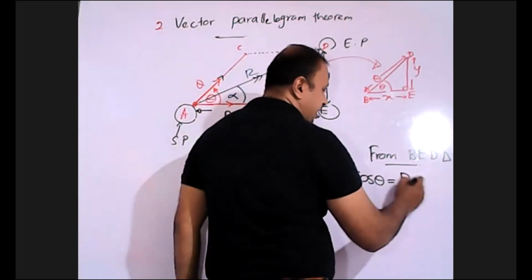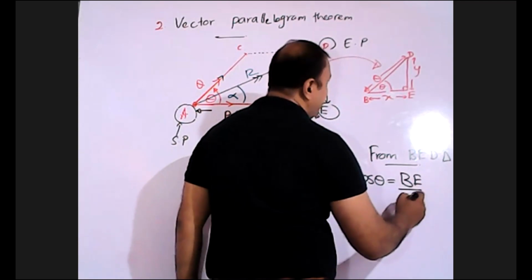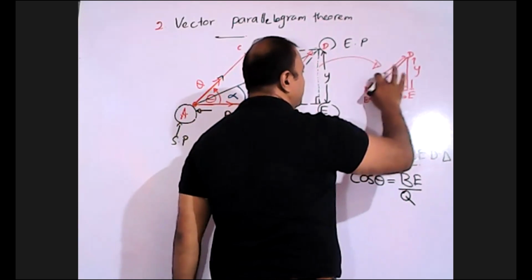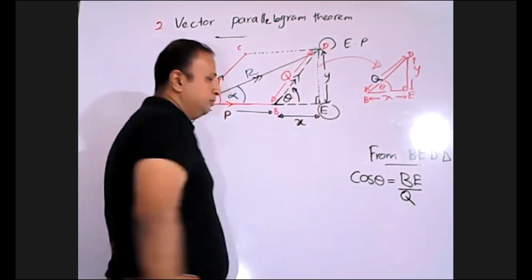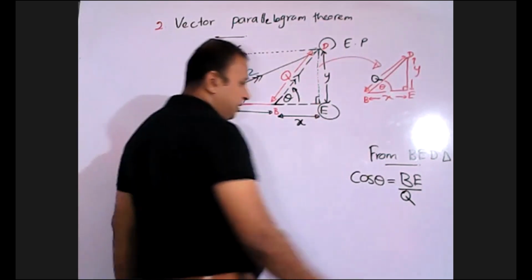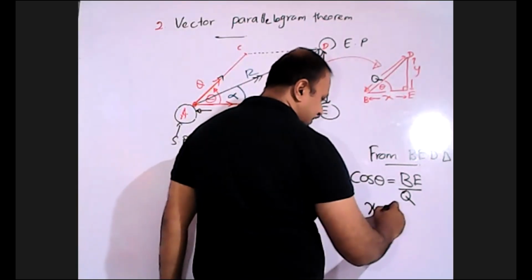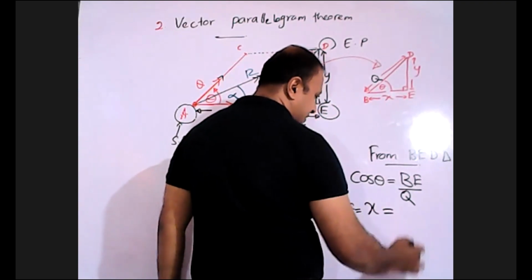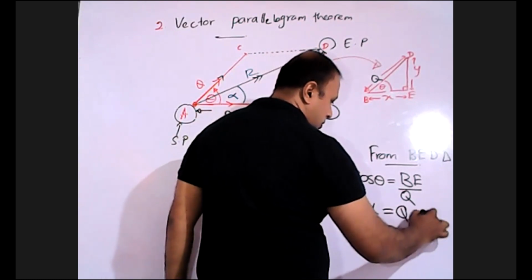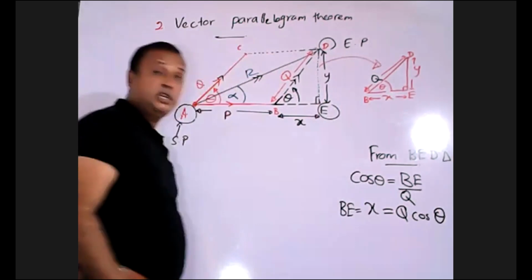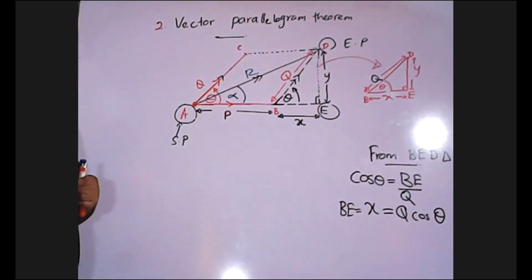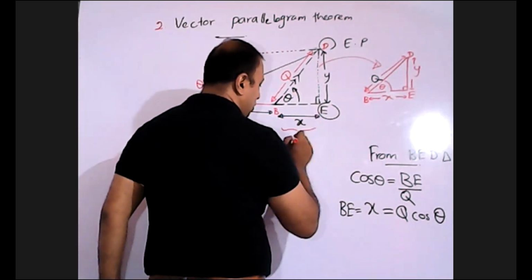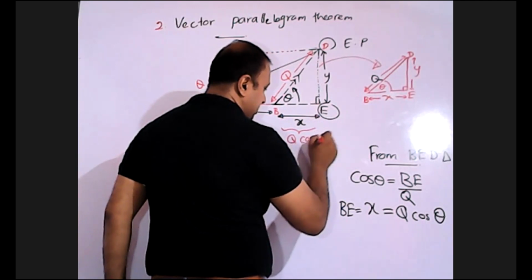That means BE over Q. This is Q. Then I can find BE. BE means X. So X is equal to Q cos theta. So this side is equal to Q cos theta.